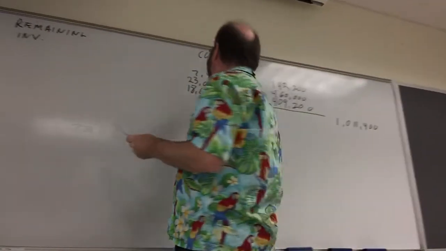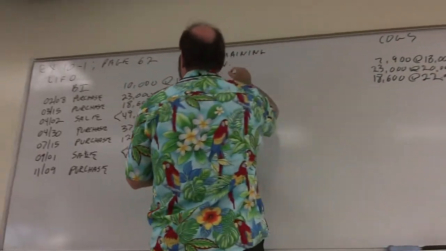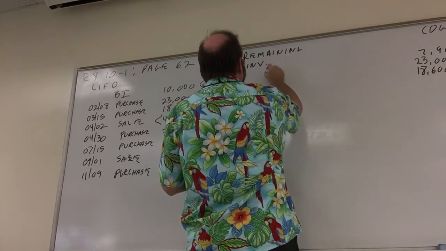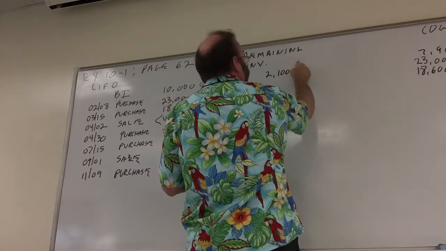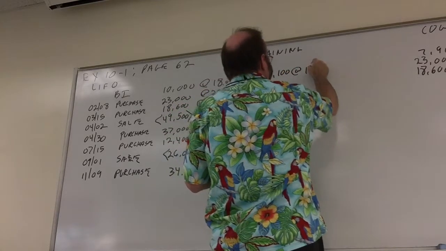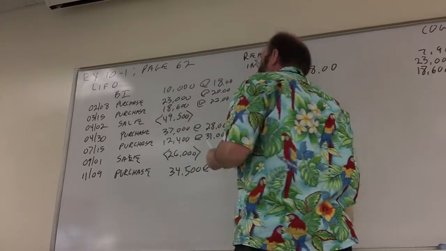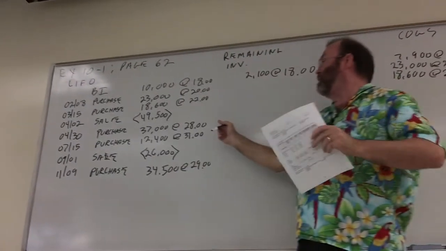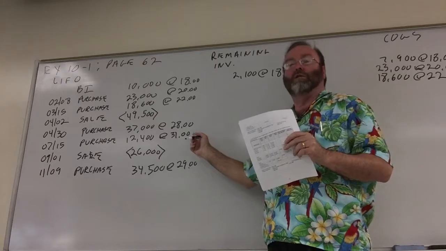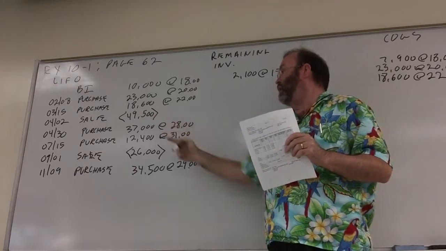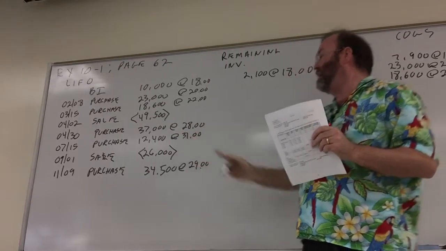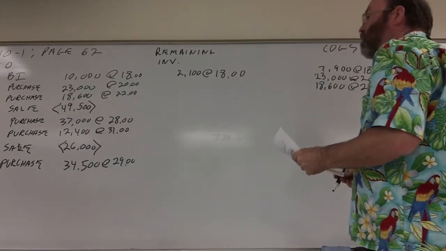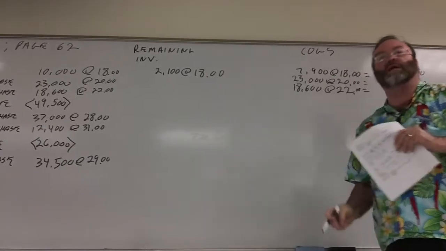And what does that leave us? It leaves us remaining inventory out of that $18 batch that we started the year with, 2,100 at 18. We then make 2 more purchases on April and July, and then when we sell this batch on September 1, which ones are we going to sell?